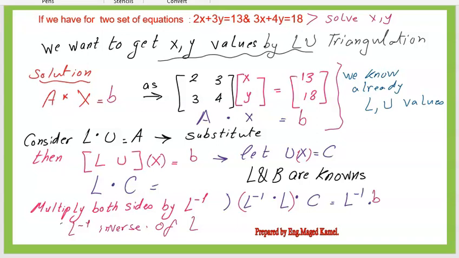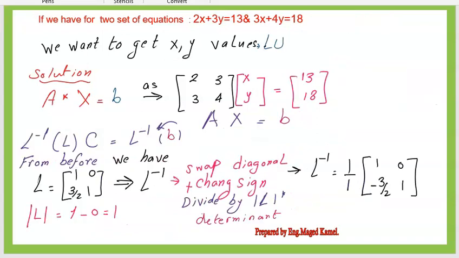Since LC equal to B, we will multiply by the inverse of the matrix L. So L minus 1 multiplied by L by C will give us L minus 1 multiplied by B. So C will be the inverse matrix of L multiplied by B. In the lower matrix L, the elements are 1, 0, plus 3 over 2, and 1.